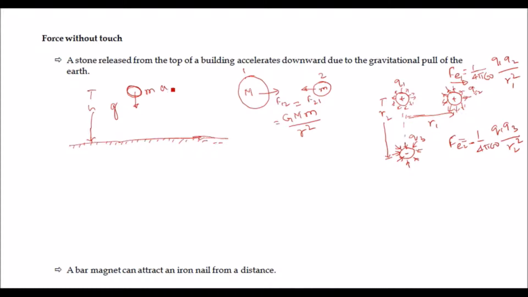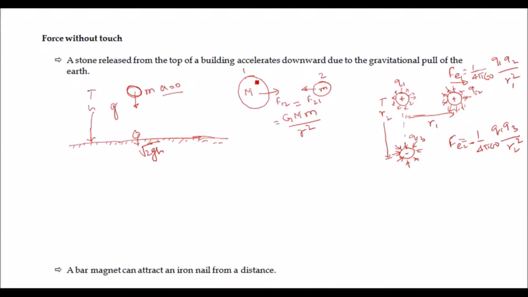Because of this, if the initial velocity is supposed to be 0 and I drop the ball, then it hits the ground with some velocity given by square root of 2gh. So you may see that initially there is no contact between the floor and the ball, still the floor attracts the ball. So this is due to the gravitational pull of the earth.